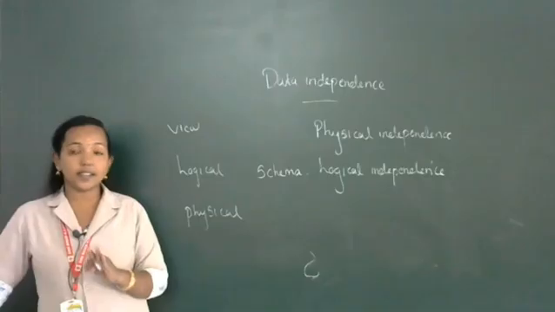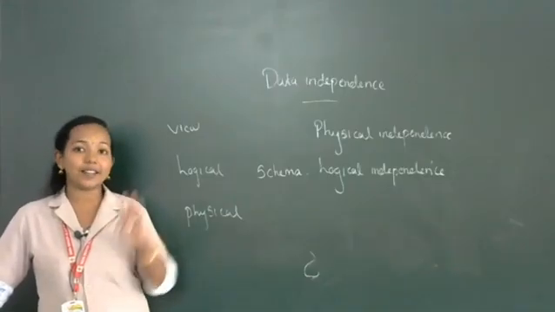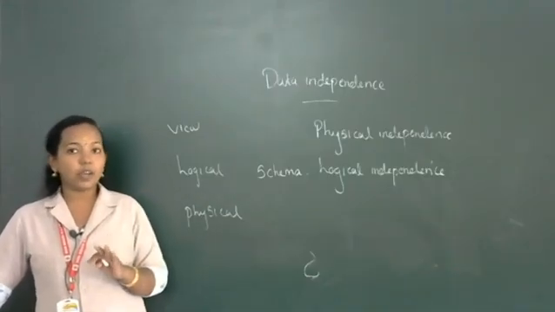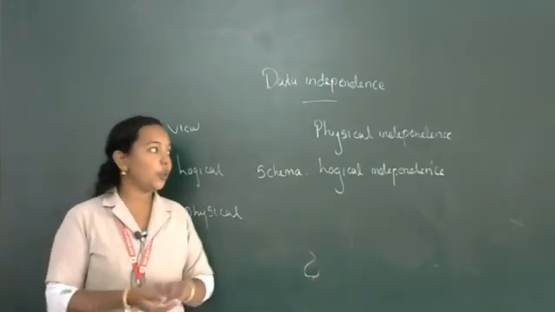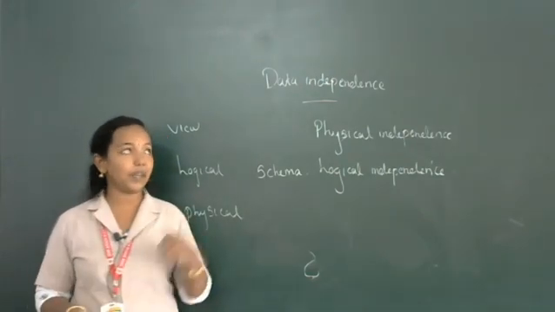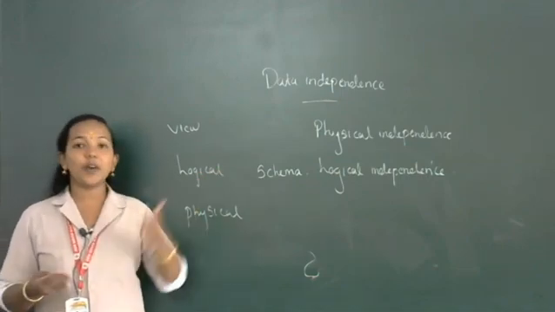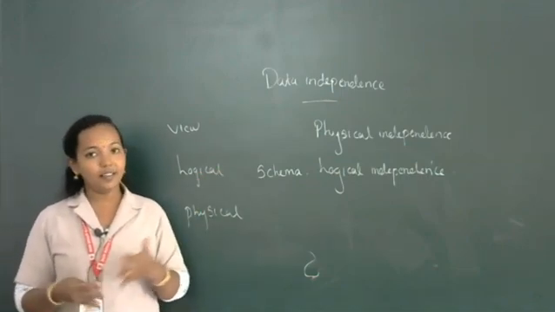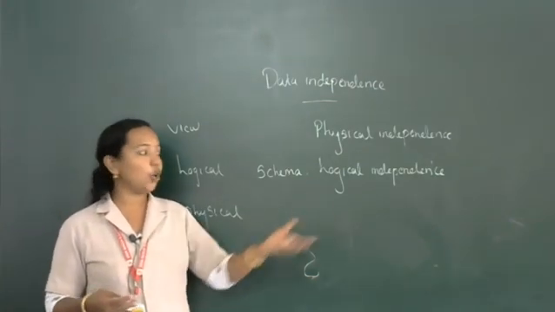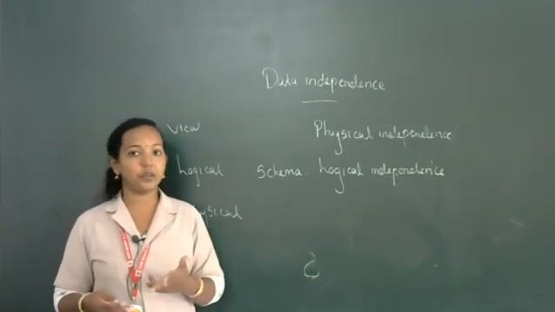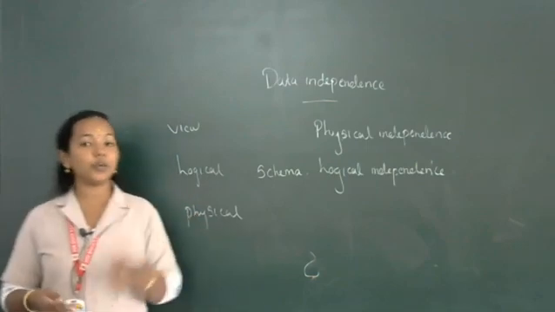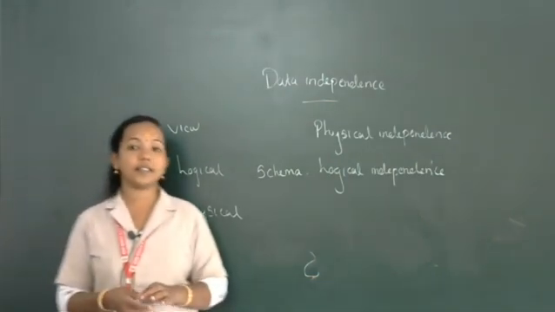Please read your textbook thoroughly, then only you will get the answer to the second question. This is a direct question, and you will get the answer from the data independence section, so all these points are a must. First read the textbook and then write the answer.